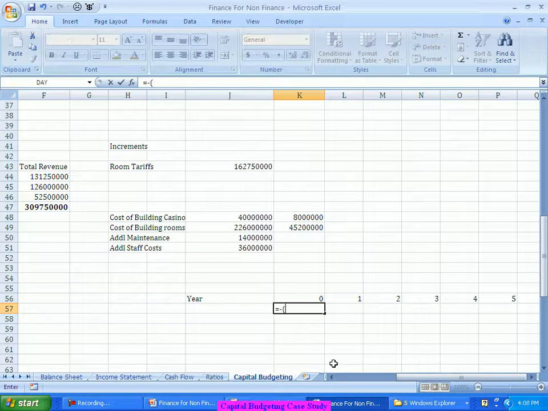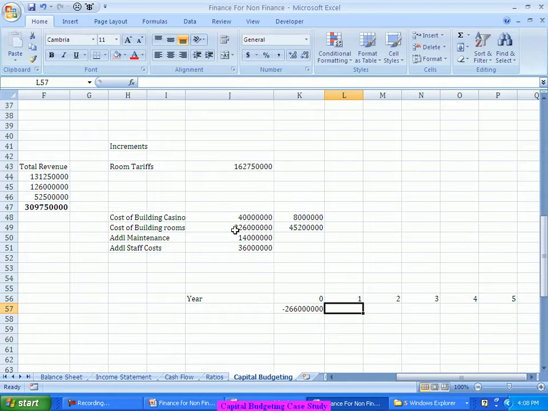My cost is, right now I am putting 26.6 crores because I have to build one casino and I have to build the rooms. Immediately, this is the cost which I am incurring.